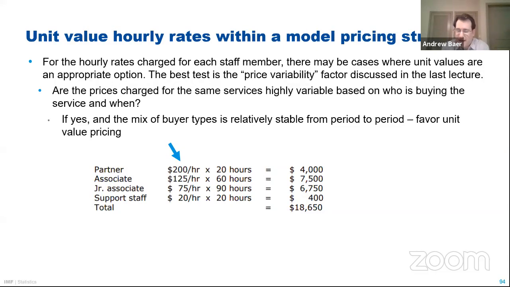If yes, and the mix of buyer types is relatively stable from period to period, then we would consider getting not the partner rate that was billed to this specific client, but maybe the unit value of all the partner rates they charged for an hour of service to all clients.